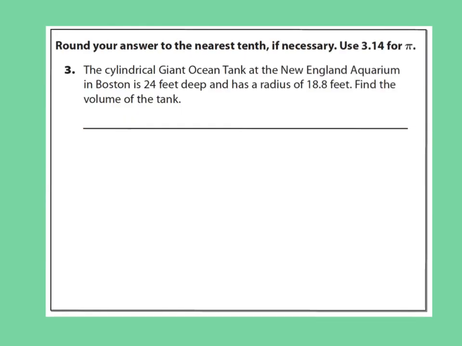The cylindrical giant ocean tank at the New England Aquarium in Boston is 24 feet deep. That tells me my height, and has a radius of 18 and 8/10 feet, and we're finding the volume of this tank. So again, starting with that volume formula, pi r squared for the area of my base times height.